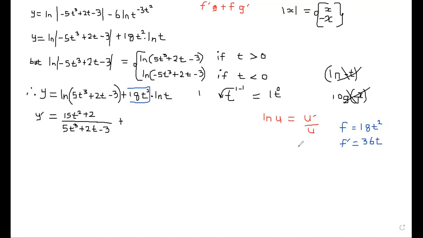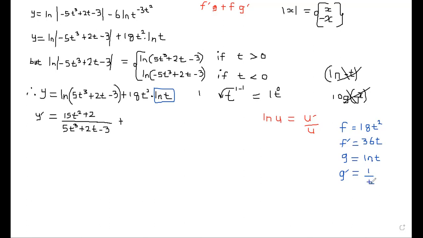And what is g? g is the other function that is being multiplied, so g is ln t. And g prime, you just derive ln t using this right here. So u prime is going to be 1 over u, which is just t.